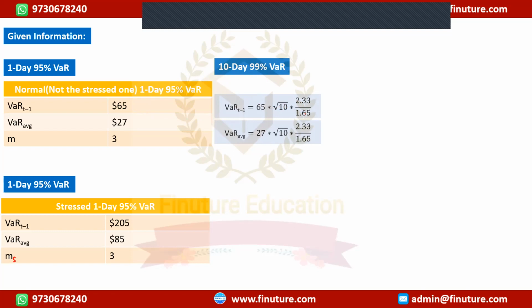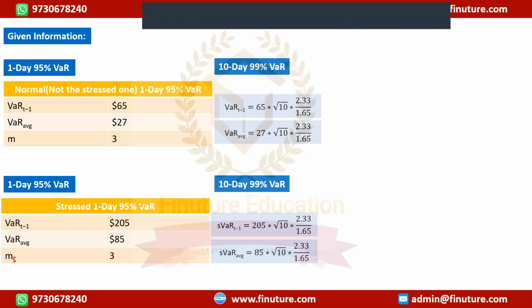And likewise, for this stress VaR, same logic, we will multiply 205 by root 10 and by this fraction. So it's multiplication by root 10 and the fraction that we talked about in the previous slide. These are the calculations that you have to perform on all these four numbers, and the multiplicative factors will remain the same as they are.